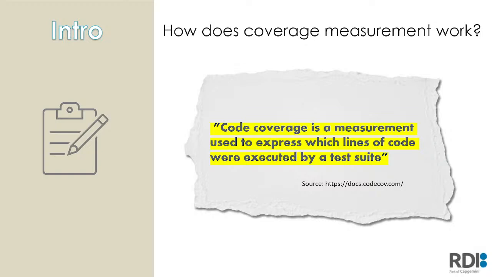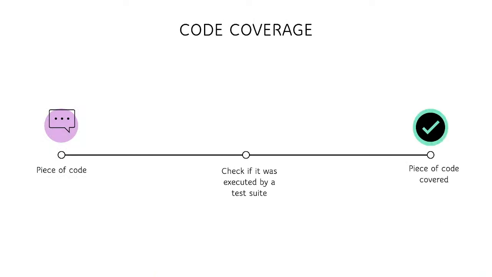Code coverage is a measurement used to express which lines of code were executed by a test suite. So basically that's it. You just need your piece of code to be executed by a test suite.